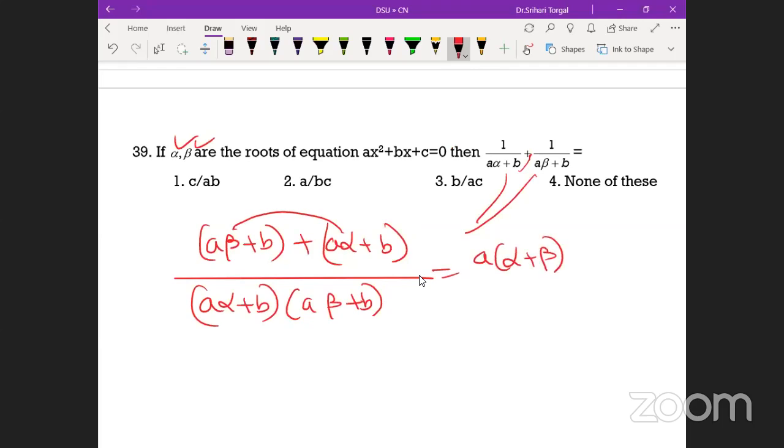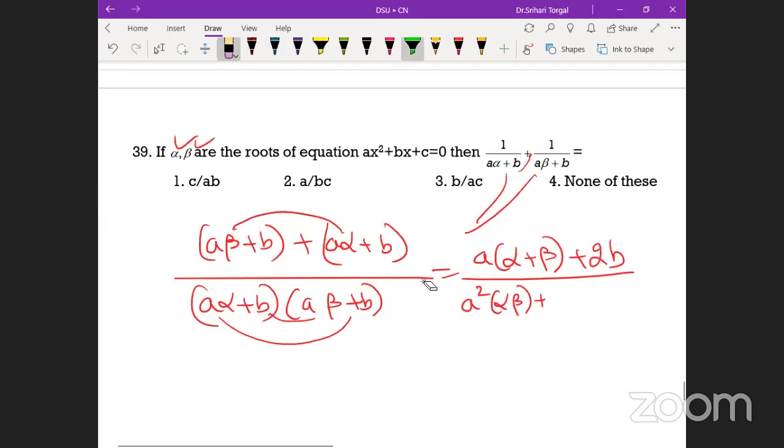Alpha plus beta, right? Plus 2B, whole divided by, I have to multiply, A square into alpha beta plus AB, 2AB. If I take AB common after multiplication, I get alpha plus beta. And finally it is B square.